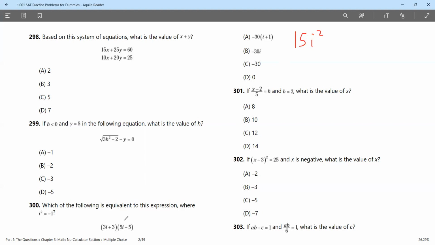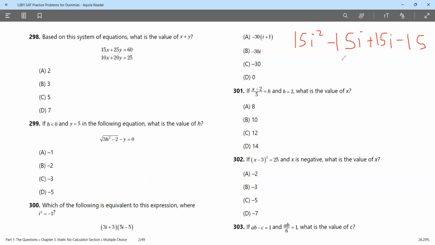And then 3i times negative 5 will be negative 15i. And then 3 times 5i will be equal to positive 15i. And then 3 times negative 5 will be equal to negative 15.